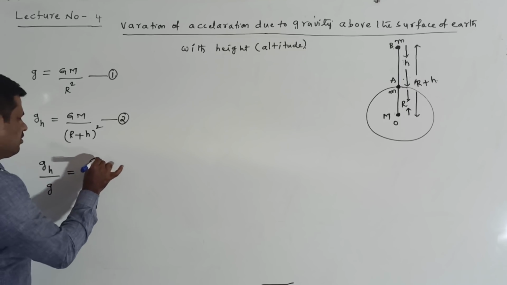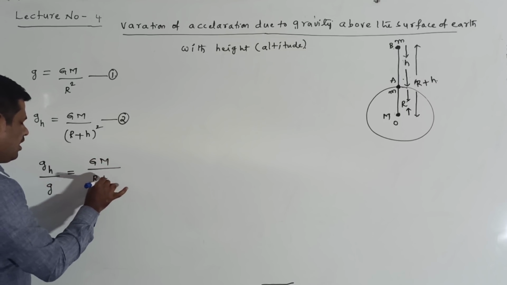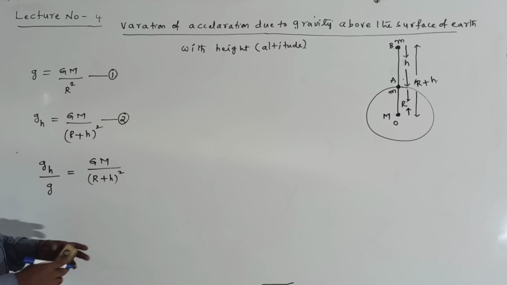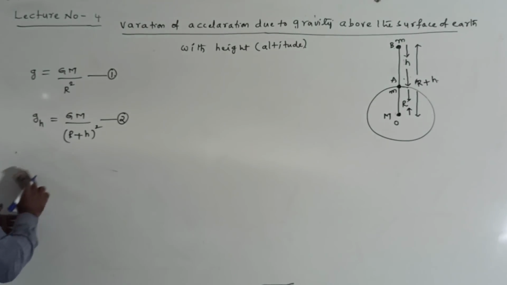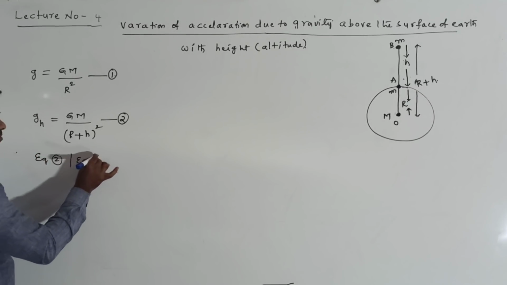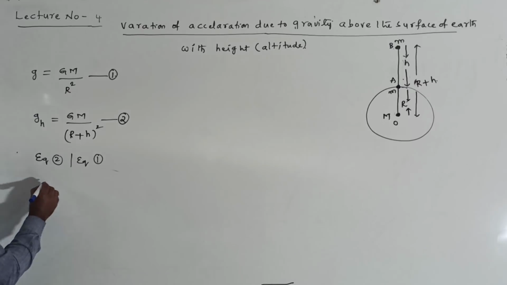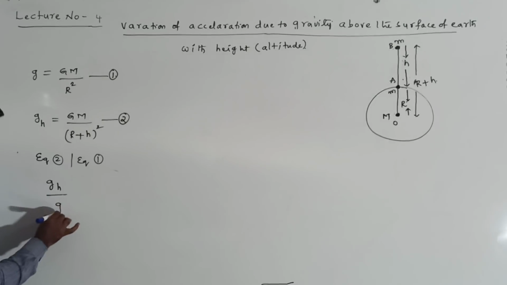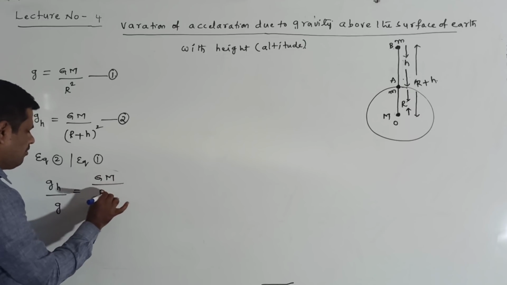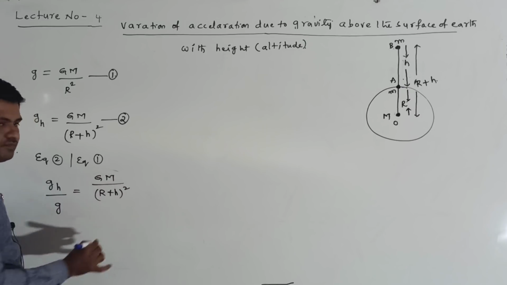gh by g is equal to GM by (R plus h) whole square, divided by GM by R square. This is equation 2 by equation 1, which we can make easily. Here GM gets cancelled. Now we get gh by g equal to R square by (R plus h) whole square.